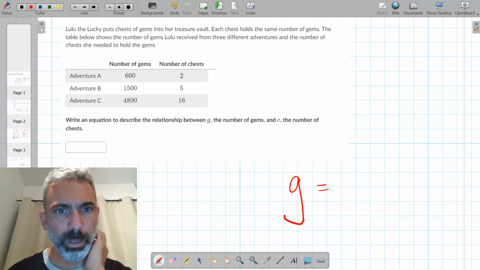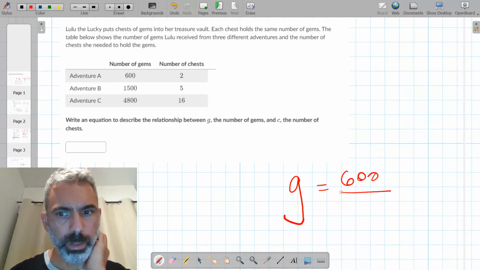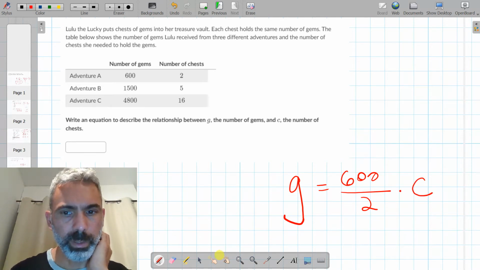Okay, so G, the number of gems, equals 600 divided by 2 times C, which is the number of chests.